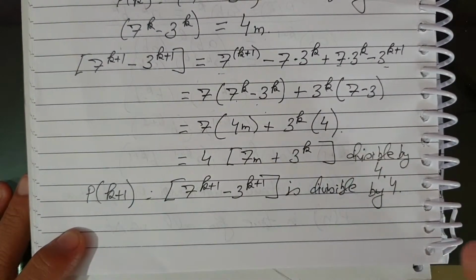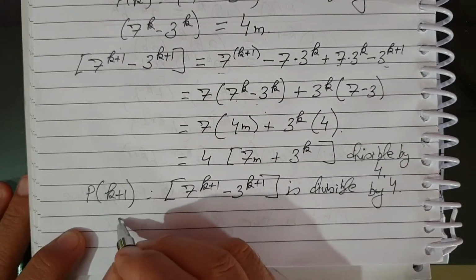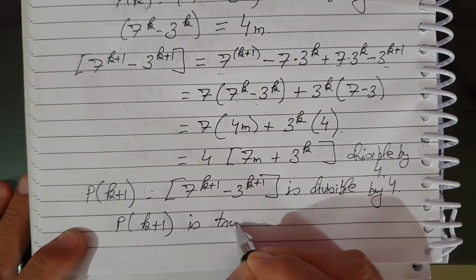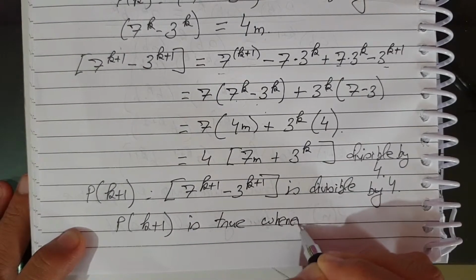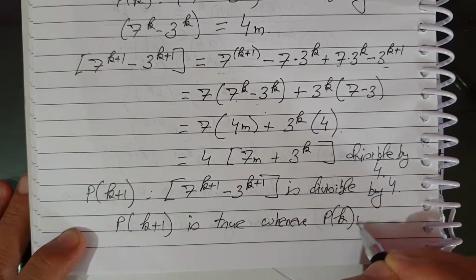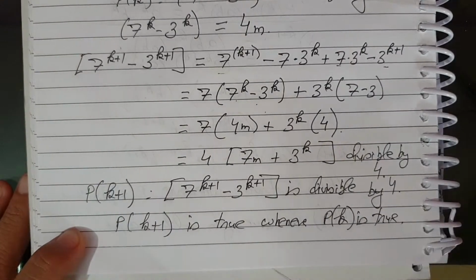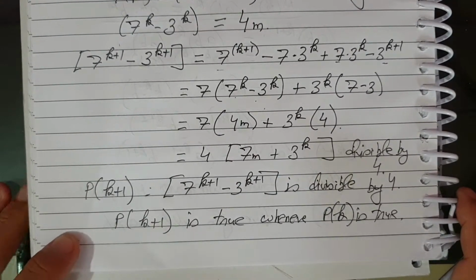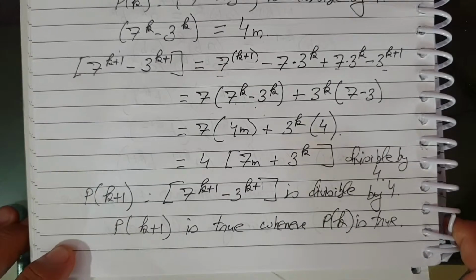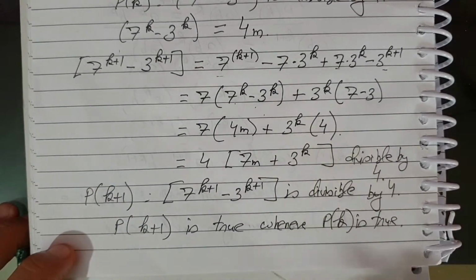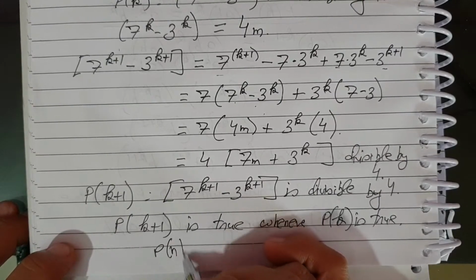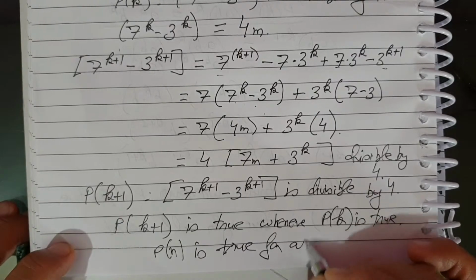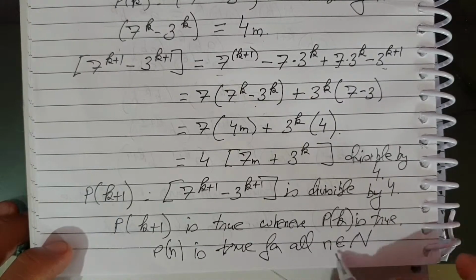You have to write all this, that pk plus 1 is true whenever pk is true. So thus P1 is true, pk plus 1 is true whenever pk is true, hence by principle of mathematical induction, Pn is true for all n belongs to natural number.